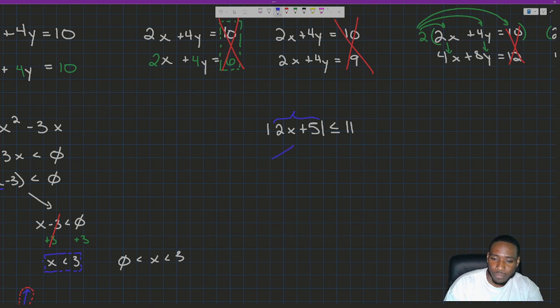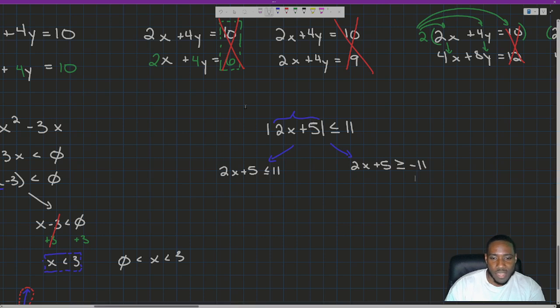Either 2x plus 5 is less than or equal to 11, or 2x plus 5 is greater than or equal to negative 11, right? In the left situation, what we're saying is our expression can have a value that is up to 11.